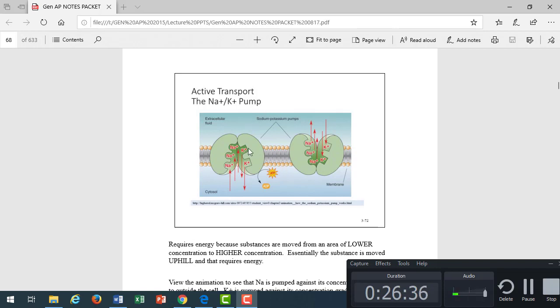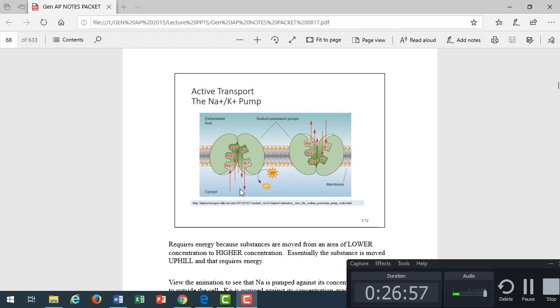The sodium-potassium pump is an ATP-requiring pump that will actively pump sodium from inside the cell to outside the cell, and it takes potassium from outside to the inside. Notice the direction of the arrows. The sodium-potassium pump is kind of like bailing water out of a leaky canoe.